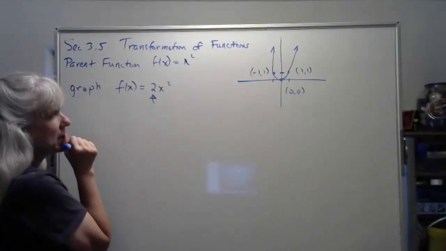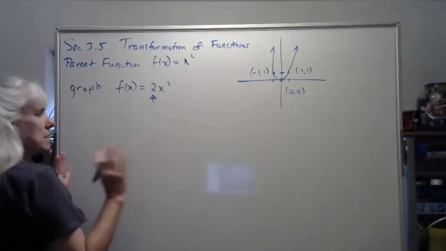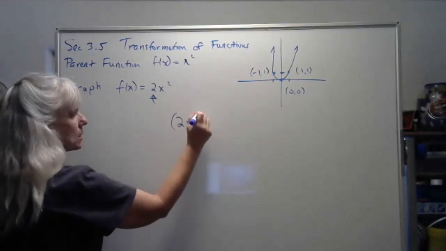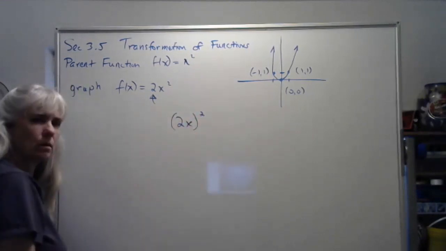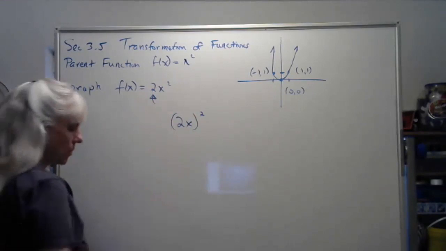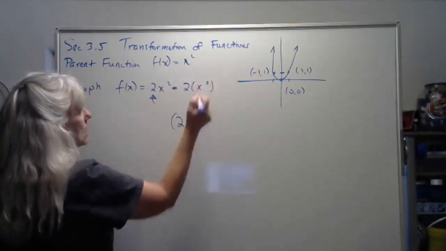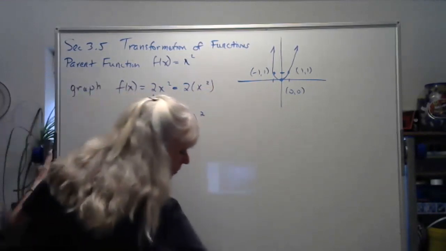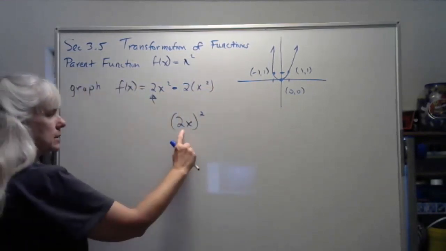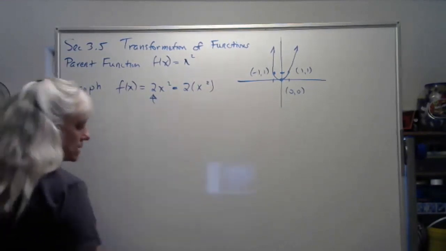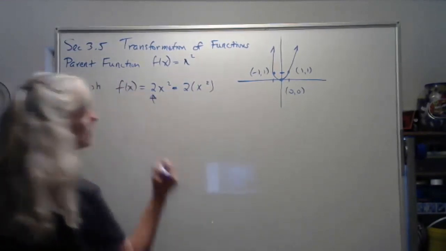Well, this is where we need to make sure we're understanding it. If I wanted it to be inside, I would see a set of parentheses before I see the square. And because I don't have the parentheses, this is essentially saying this is 2 times the x squared. So if I wrote the parentheses with the 2 on the inside, then it would be inside the function. But for us, that 2 is outside.